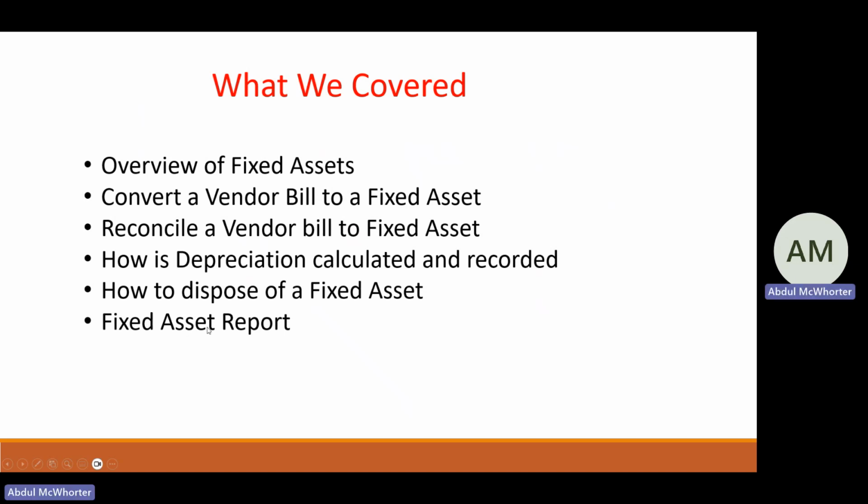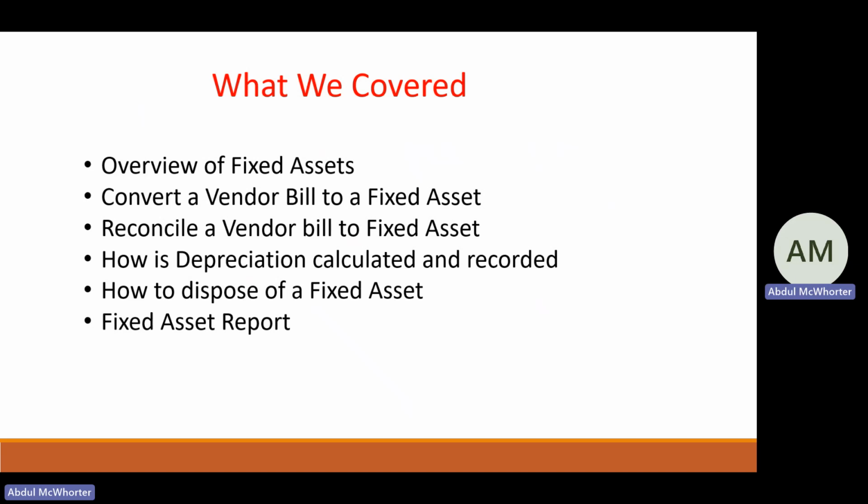So with that being said, we've come to the ending portion of our demonstration. And so we want to go over what we covered in entirety. And what we covered in entirety is we started off with an overview of fixed assets in the fixed assets report. We then went through the demonstration of converting a vendor bill to a fixed asset.